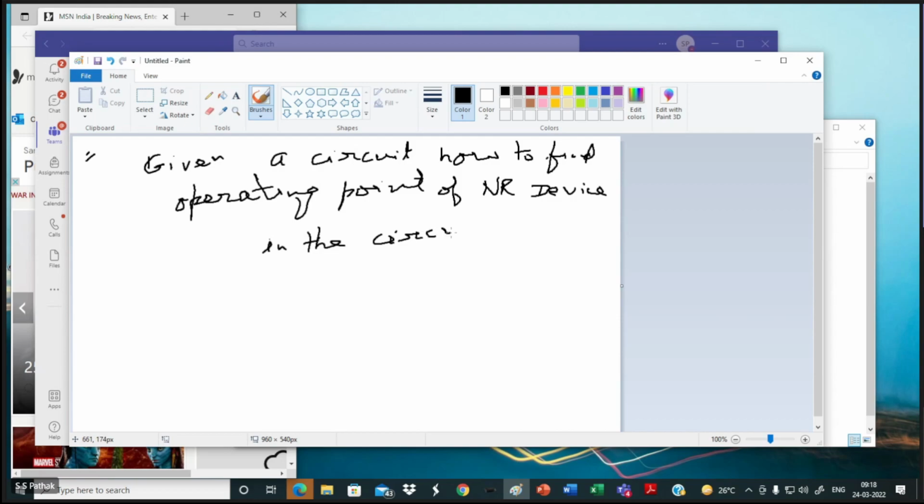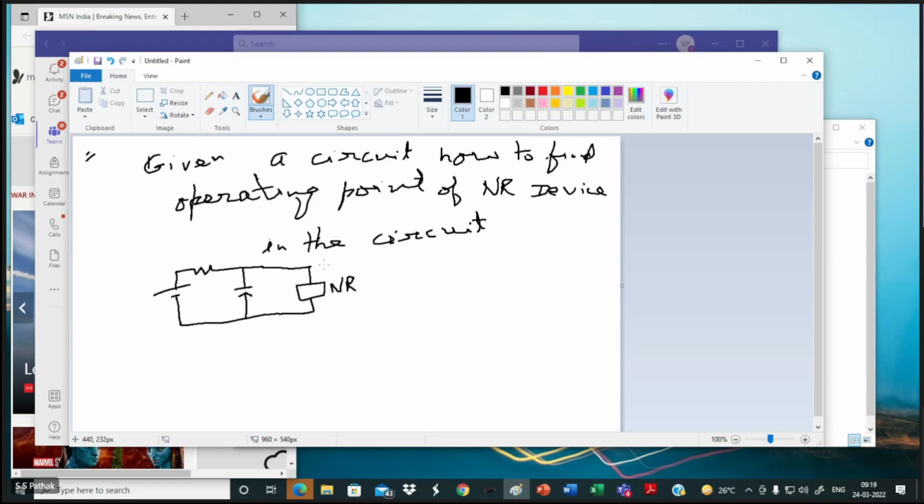Okay, that was the objective. And I have chosen initially a very simple circuit. Here is my DC voltage V applied. A resistance is put. In this circuit, there is a capacitor here, and there is a negative resistance device here. This is my NR device connected like that.